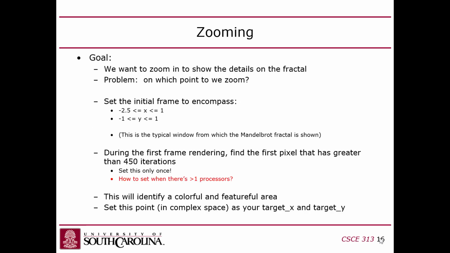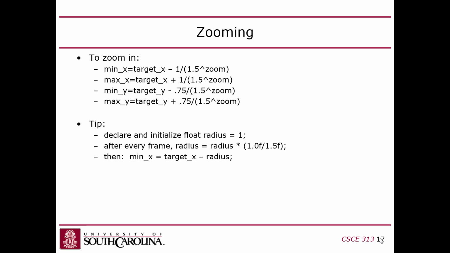Okay, so one last thing is, let's talk about the zooming. I think this is the last topic. So the zooming is based on an exponential tightening of the minimum and the maximum x and y around the target point.